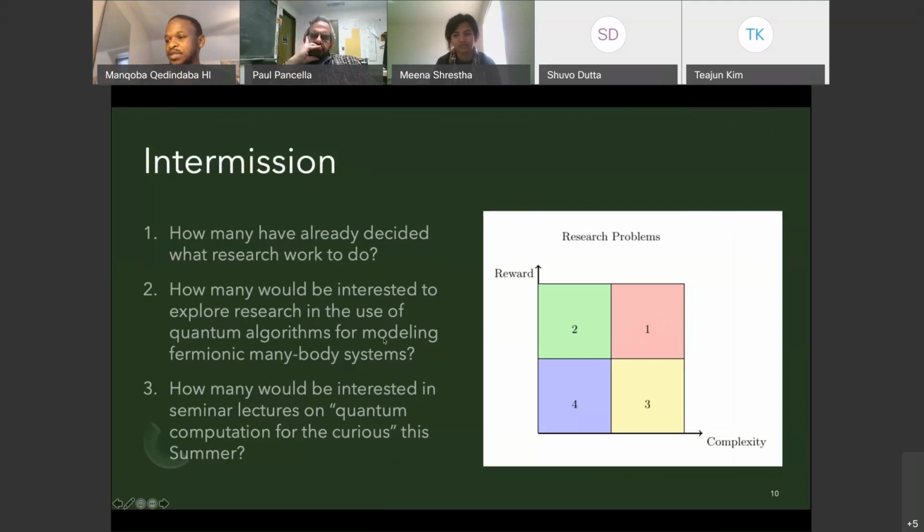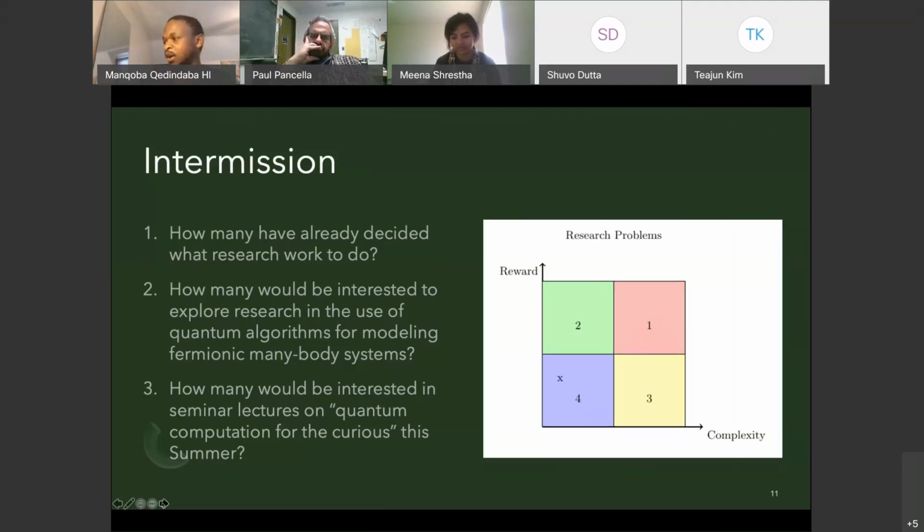To classify the research that I'm doing now, I would put it right here: not so complex, but very high reward. The high reward is because not so many people are doing it, and my goal is to convince you guys to start thinking about that.